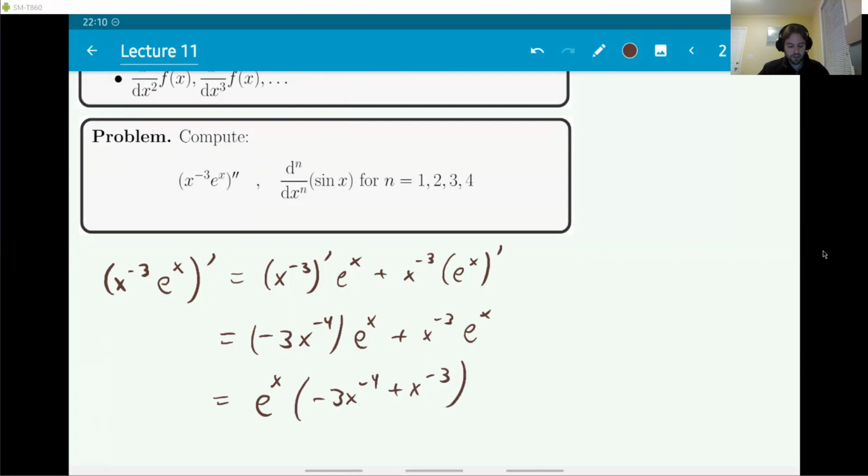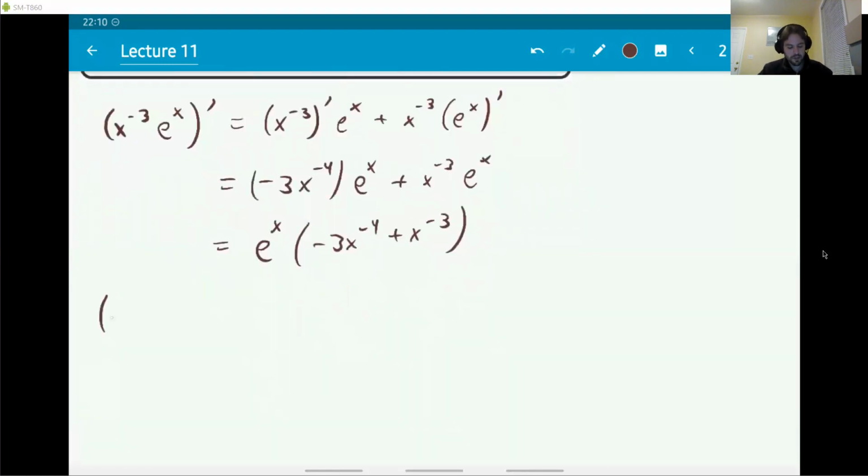Now let's take another. If we want to differentiate this again, the double prime of the original function, well, by the product rule, you have this function that we have up here. It is a product of two functions, one of them being e to the x, and the other being the sum of powers of x.